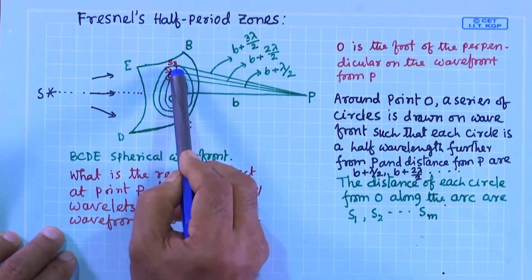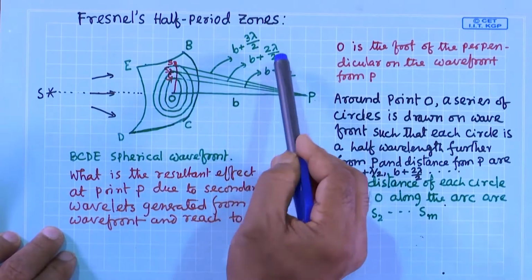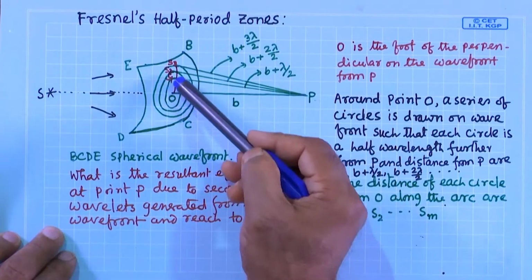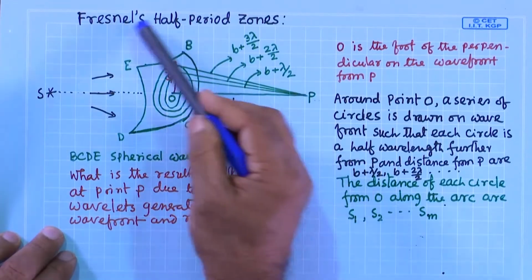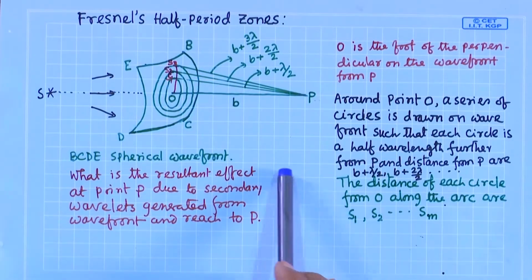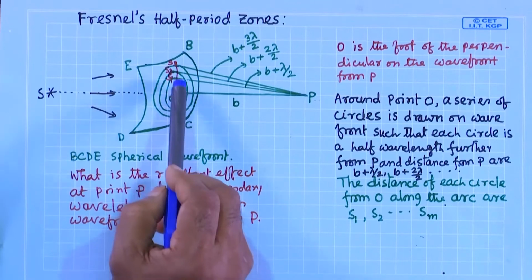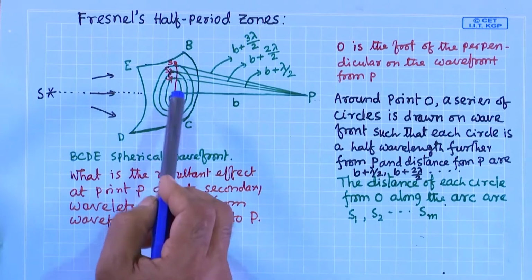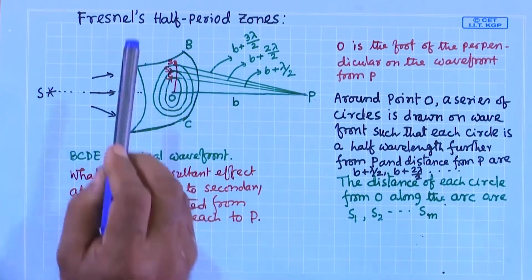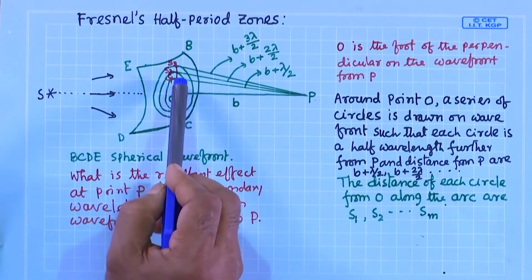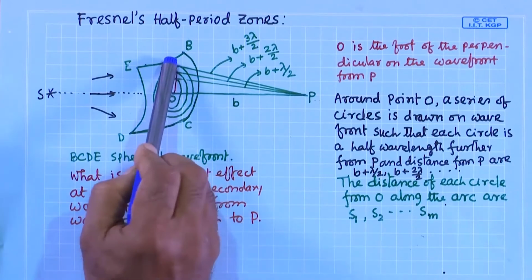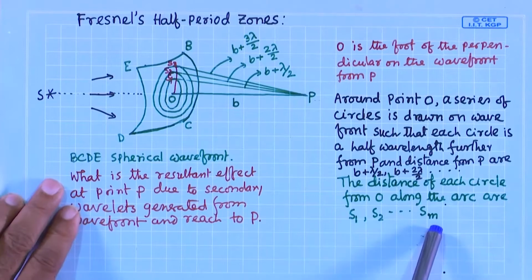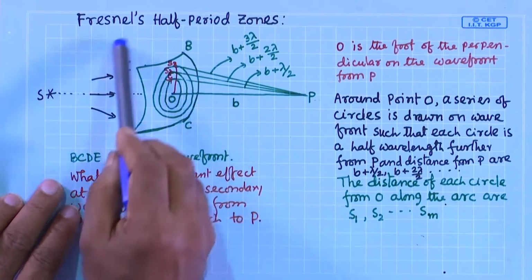The next circle is at B plus 2 into lambda by 2, then 3 into lambda by 2, and so on. The distances of these circles from O along the arc are S1, S2, S3, and so on, Sm for the mth zone.